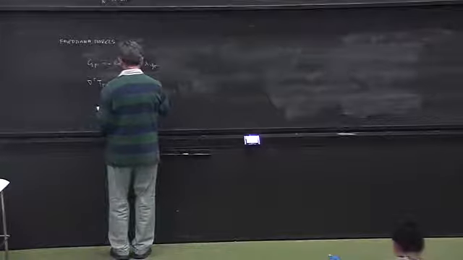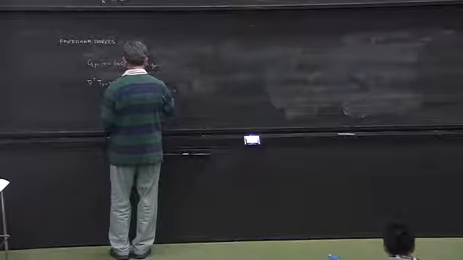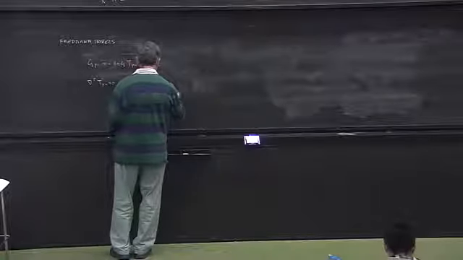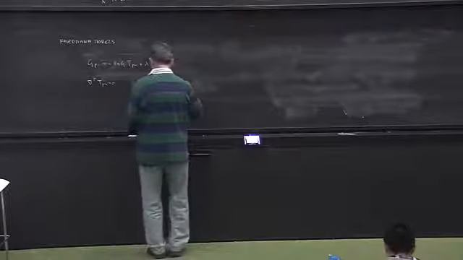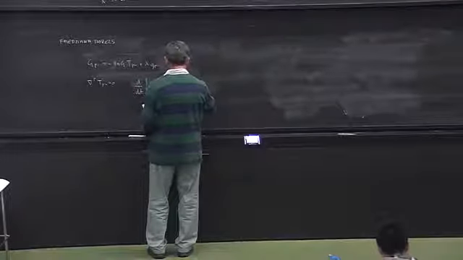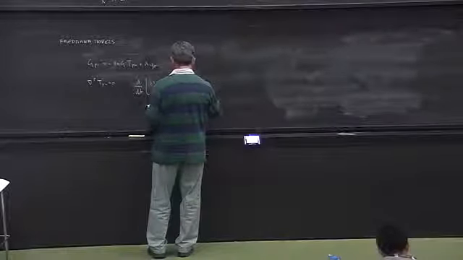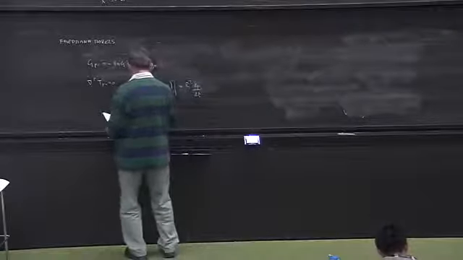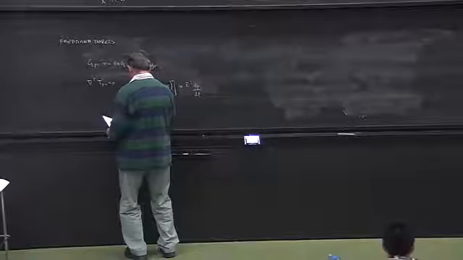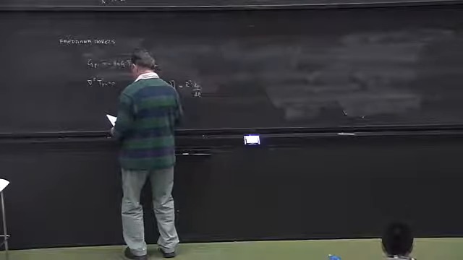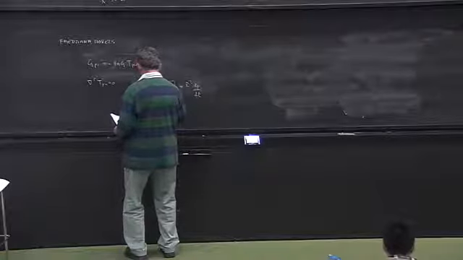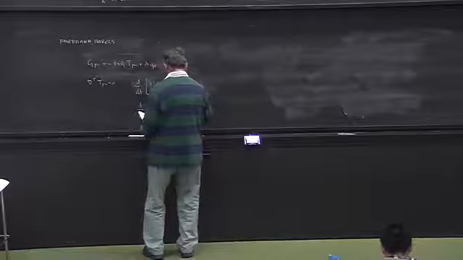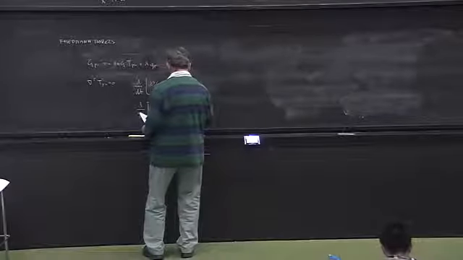There's d by dt of r cubed times rho plus p equals r cubed dp by dt. Or you can rewrite that as d by dt of rho r cubed equals minus p d r cubed by dt.